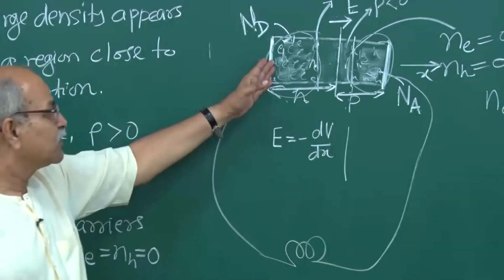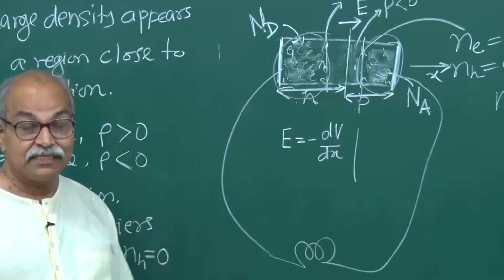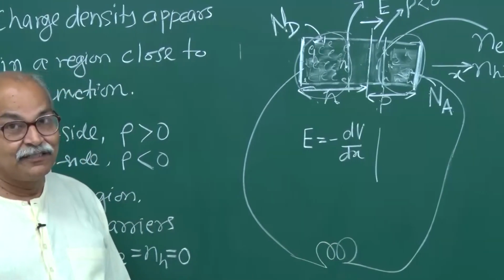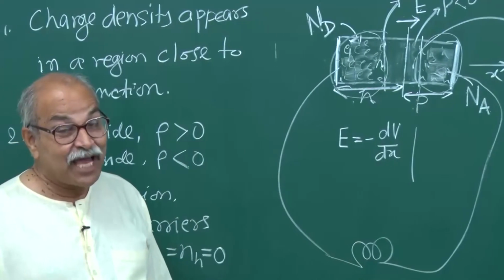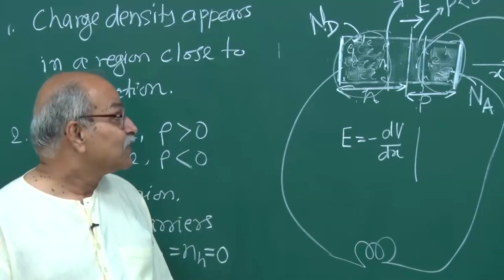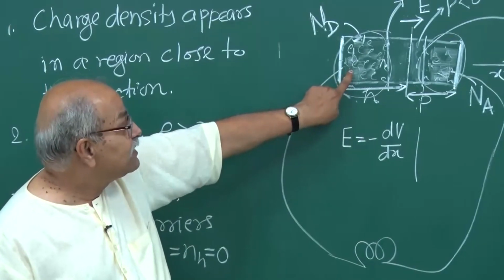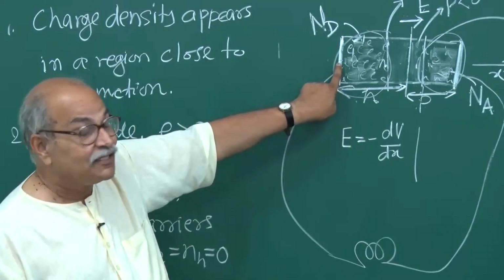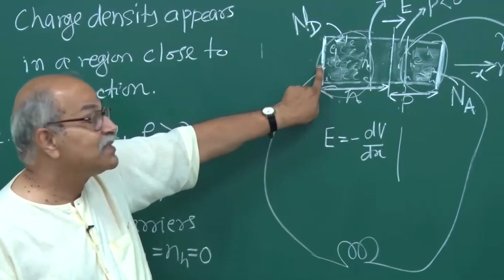If this is a higher potential and this is a lower potential, this bulb should glow, the current should go at least momentarily. But it doesn't happen like that, because here also you have different kinds of materials.